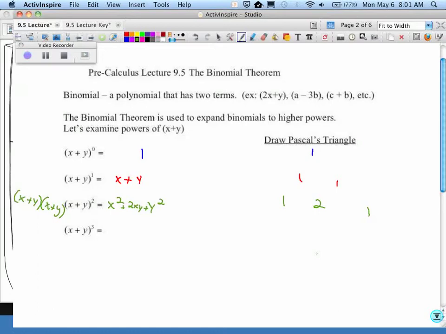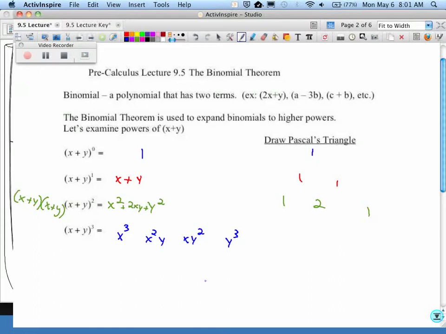How about x plus y cubed? You could take your answer from above and just multiply by another x plus y and add like terms. I guess my thing would be, you guys probably are starting to see it's going to be x cubed, x squared y, then it'll be x y squared, and then it will be y cubed.